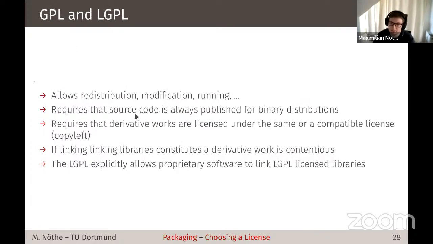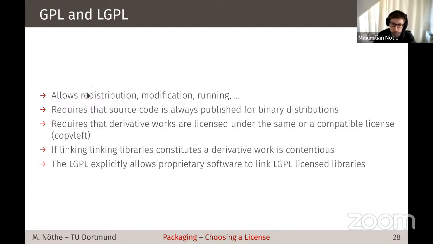There are more complicated licenses, and the most famous examples here are the GNU public licenses, GPL and LGPL. And these are special because they have the freedoms we usually associate with free and open source software. So they allow redistribution, modification, and running of the software.